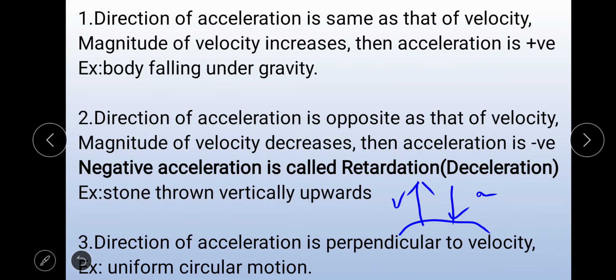Okay, ಇಲ್ಲೇನಾಗಿದೆ ಹೇಳಿ, direction of velocity is opposite to direction of acceleration. ಆಗ ಏನಾಗುತ್ತೆ ಅಂದರೆ ಈ ಆಬ್ಜೆಕ್ಟು ವರ್ಟಿಕಲಿ ಅಪ್ವರ್ಡ್ ಮೂವ್ ಆಗಬೇಕಿದ್ರೆ ಅದರ ವೆಲಾಸಿಟಿ ಡಿಕ್ರೀಸ್ ಆಗ್ತಾ ಹೋಗುತ್ತೆ. ಓಕೆ, ಹೀಗಾಗಿ ಎಕ್ಸಲರೇಷನ್ ವಿಲ್ ಬಿ ನೆಗೆಟಿವ್.